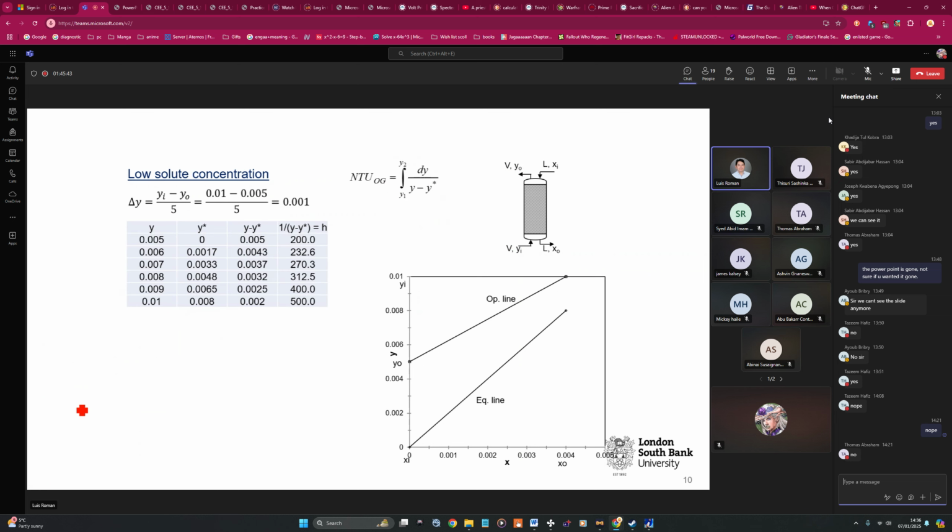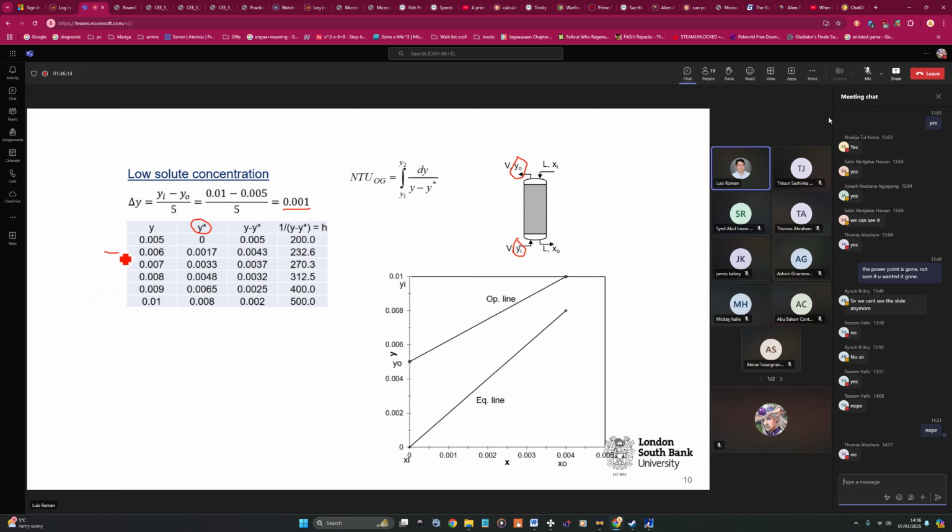Okay, so we have the value of y. Again, it goes from 0.005 up to 0.01, the limits given by the entering and leaving concentrations of the column. This is the step change. So these are the different values of y. We need to use the graph to read the values of y at equilibrium.